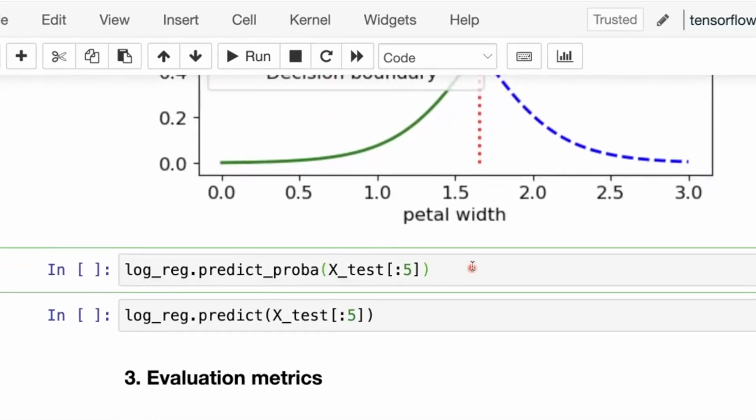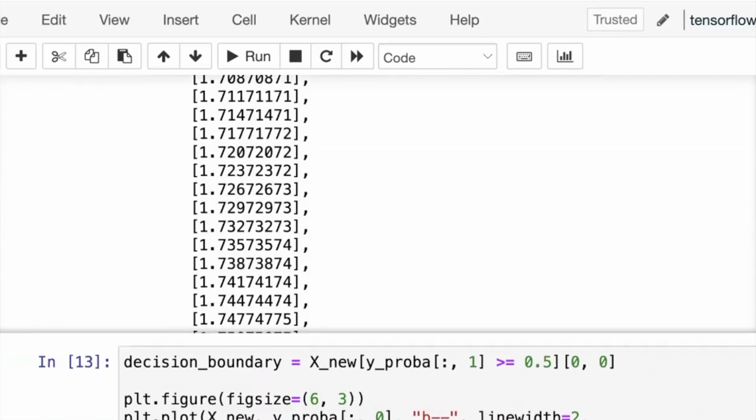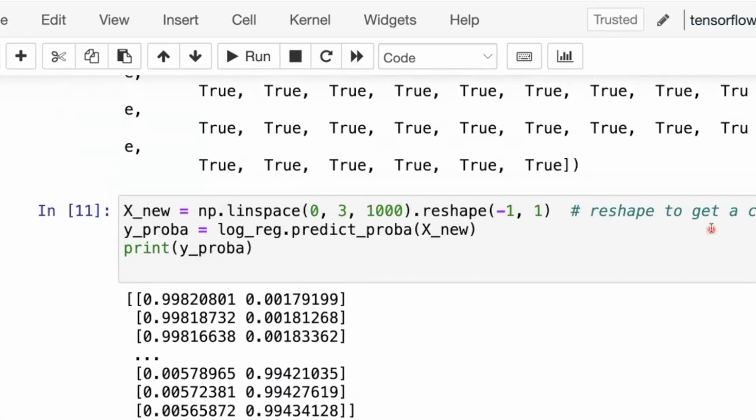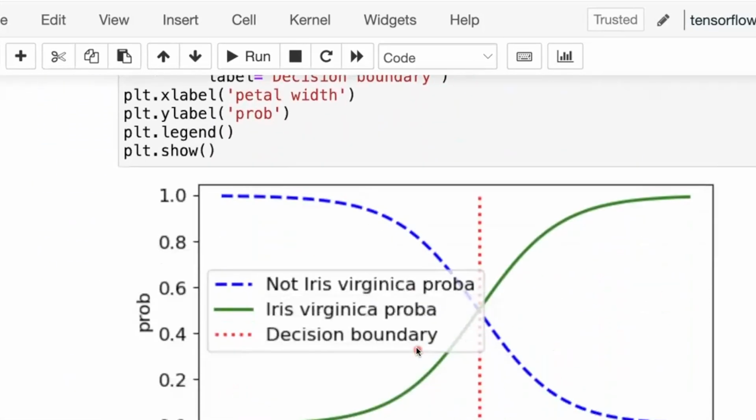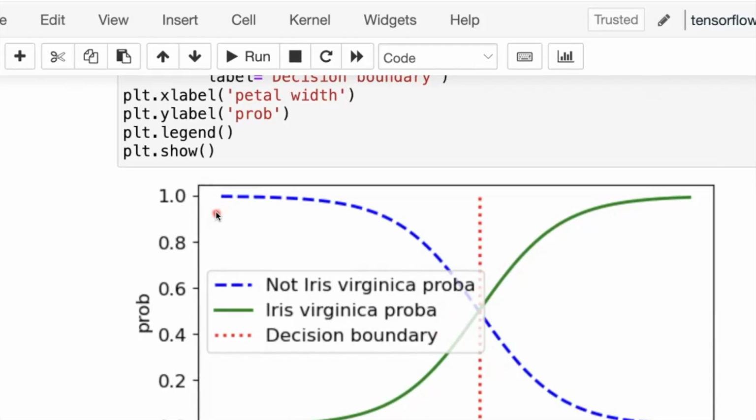So now let's look. Remember this X new that we created here was to get a very nice representation of these probability changes. Between 0 and 3, we see that this probability goes from 0 to 1, and exactly 1 minus this is the other probability.